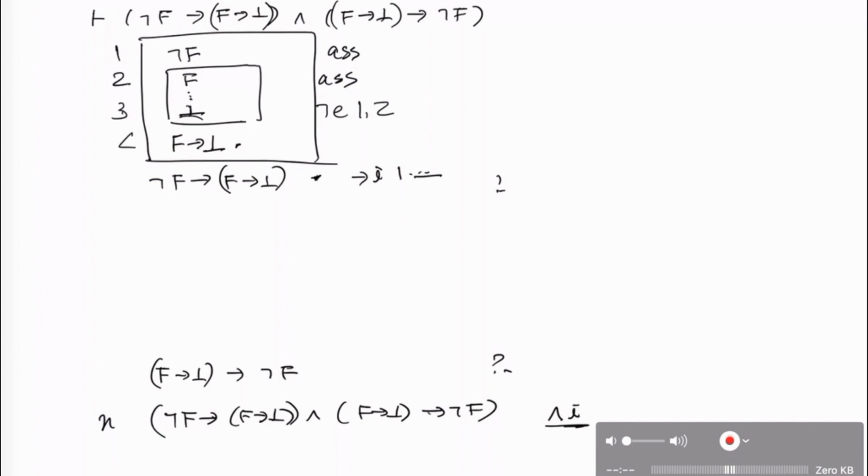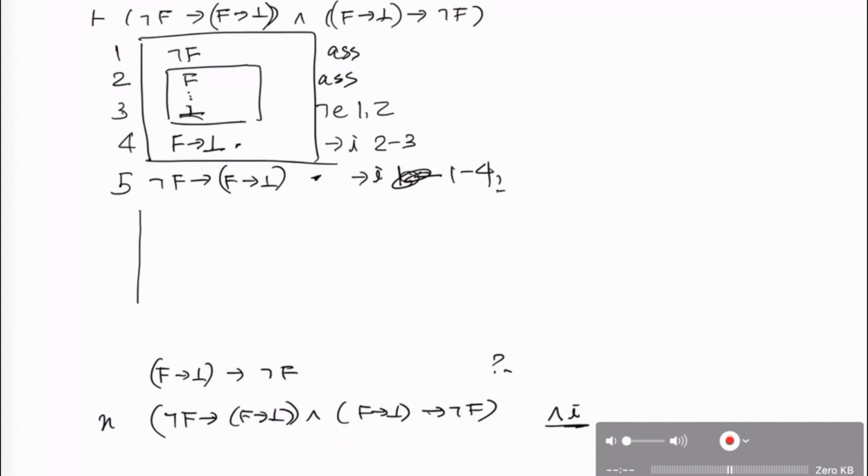And once you have that, line 4 is implication introduction from line 2 to 3. Okay? Alright, and then number 5 is easy. This is implication introduction for line 1 through 4. Okay. All right. So we are done with the first half of the proof.